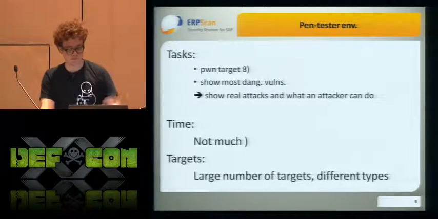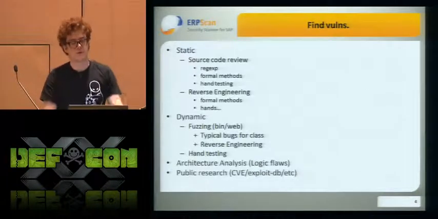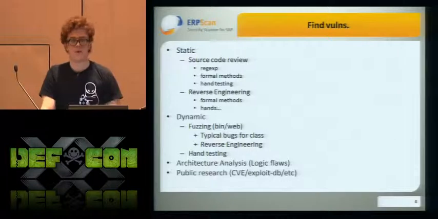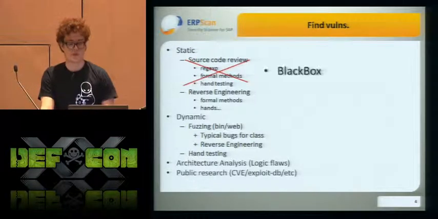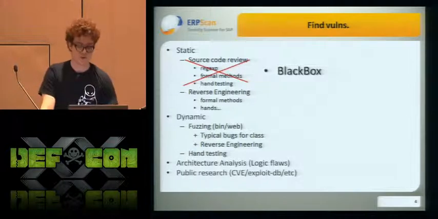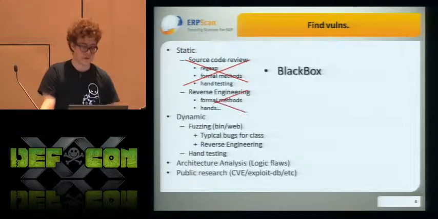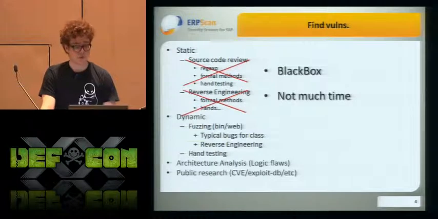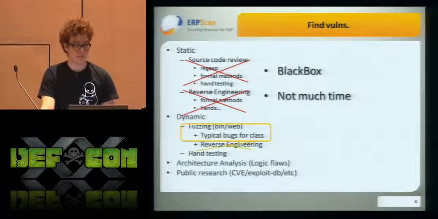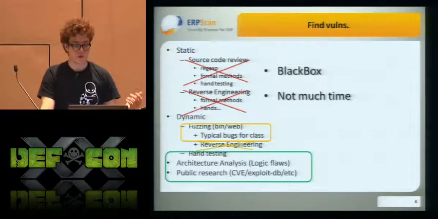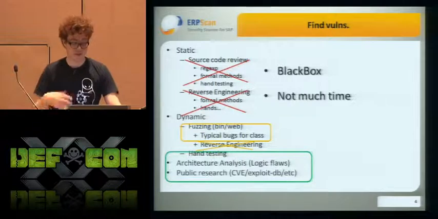It's limited. So we can't use all bug hunting methods like source code review, because it usually takes a lot of time and we need the source. Reverse engineering, the same reason. We can use a little bit of fuzzing if we have a web app or binary. Anyway, usually we can use logic, looking for logic flaws, and searching for bugs in public research.